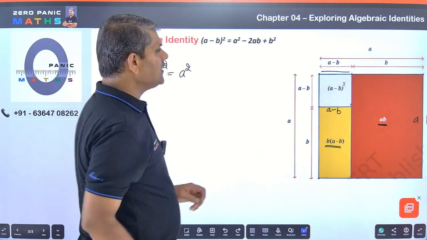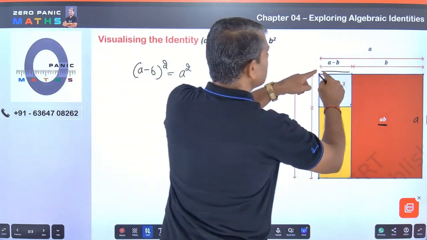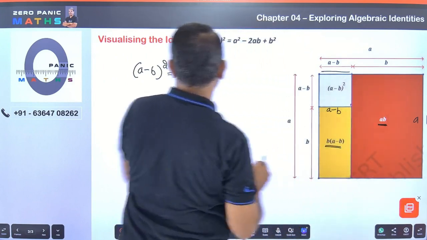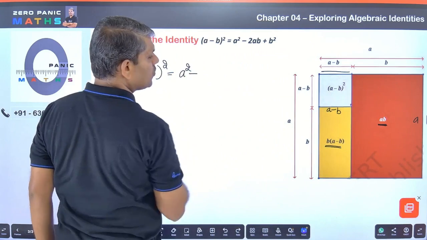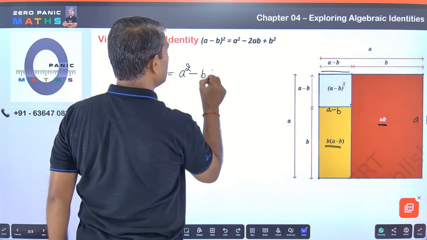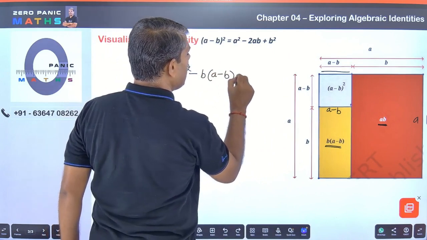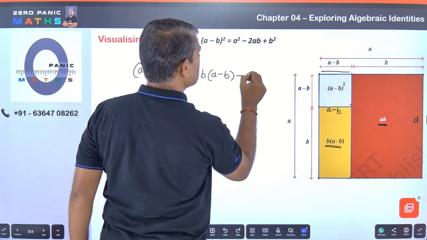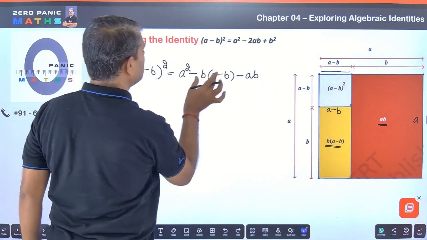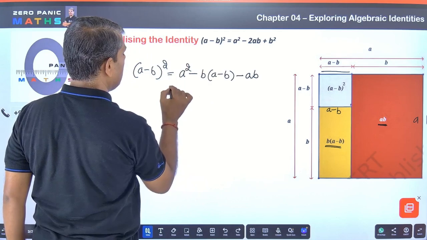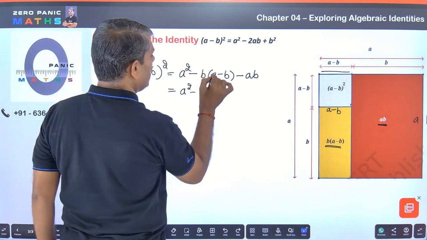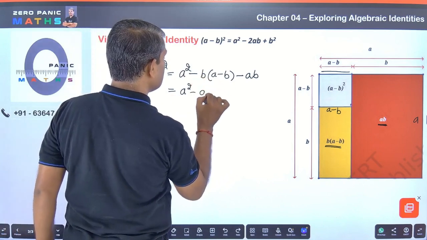Okay, you understood this? Okay, now what I'm doing is just subtracting this area and this area from the outermost area. So I will write it as a square minus b into (a minus b), and minus ab, because I am subtracting just these areas of rectangles from the outermost area. And what is this? Just expand this: a square minus b into a, I can write it as ab only.